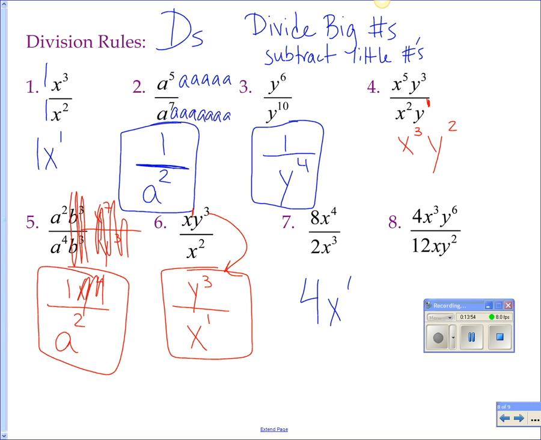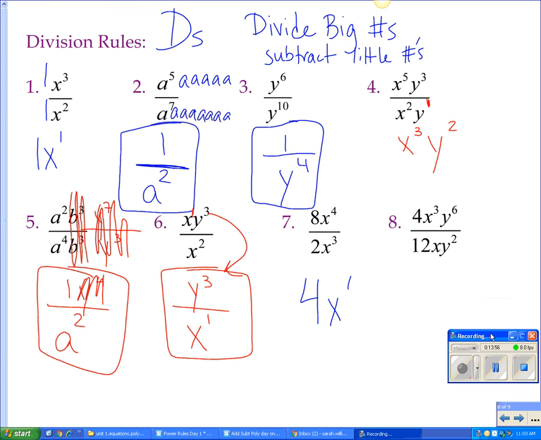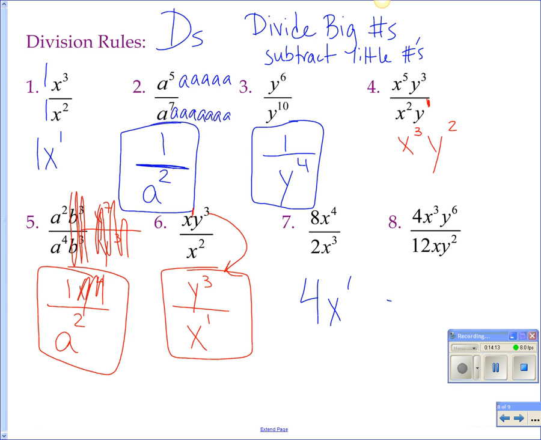Okay. All right, 4 and 12 are big numbers, so what do I have to do with them? Divide them. What's 12 divided by 4? 3. Here's where you got to be careful. Which one's bigger, 4 or 12? Where do you think 3 has to go? The bottom. 3 has to go on the bottom.